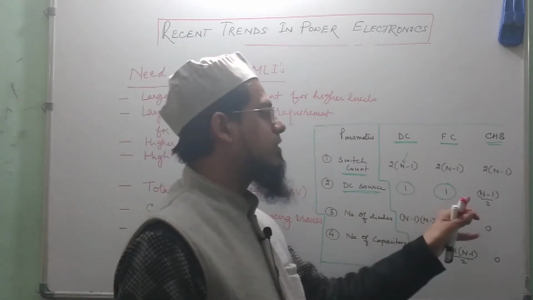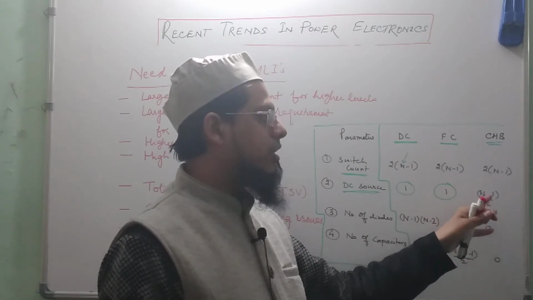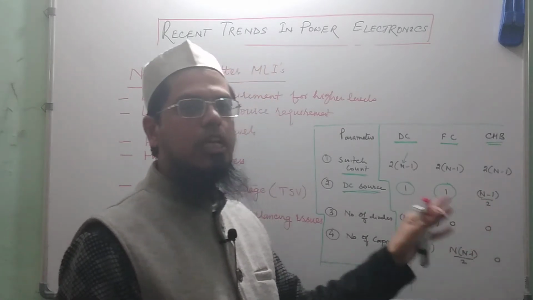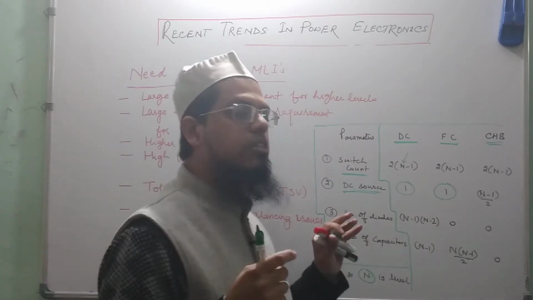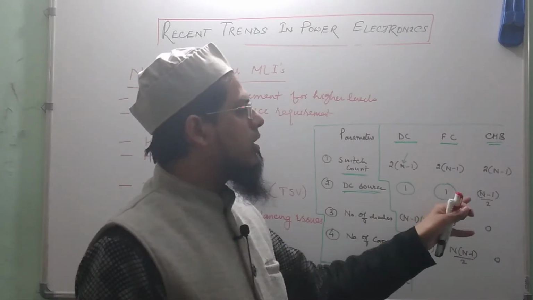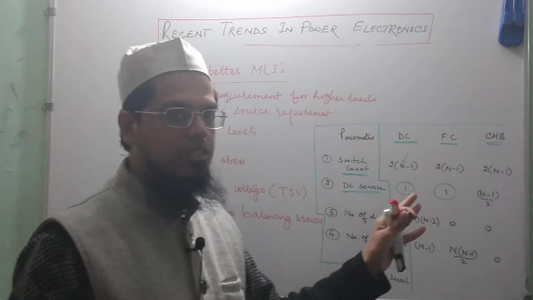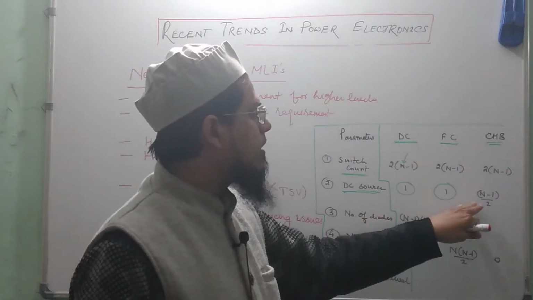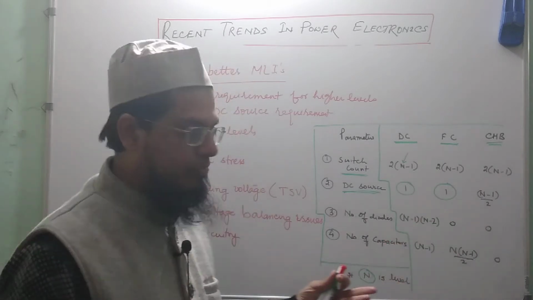So if I am interested in generating 7 levels, 7 minus 1 is 6, divided by 2 is 3. So 3 DC sources are required to generate a 7 level output. Here I am talking about the symmetric configuration of CHB. And you see, if I increase the number of levels, the number of DC supplies increases considerably.